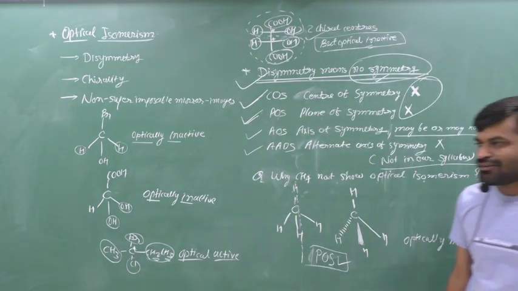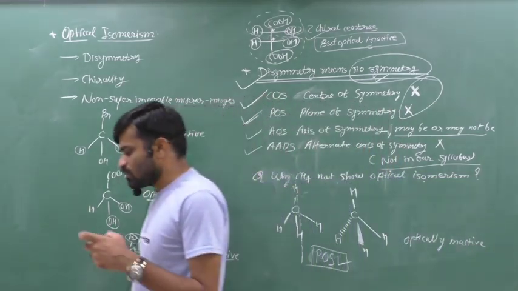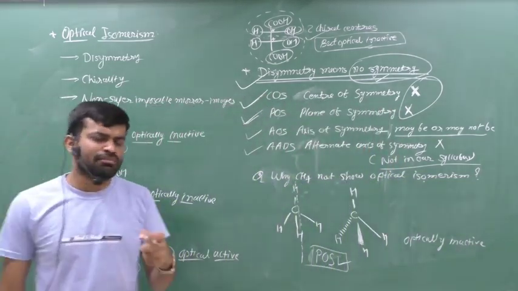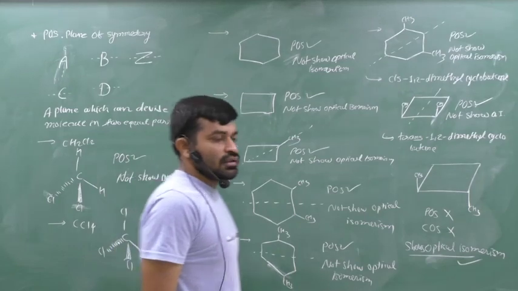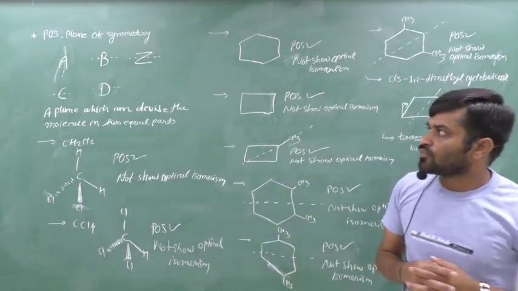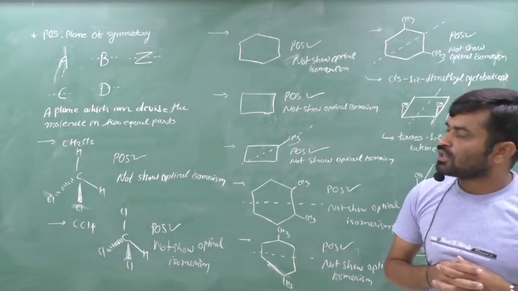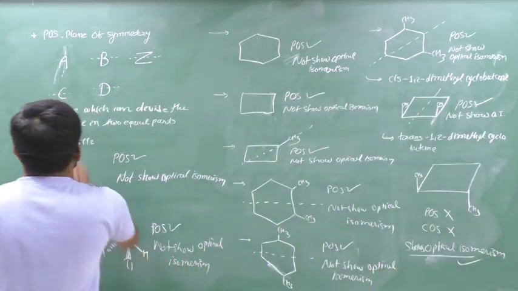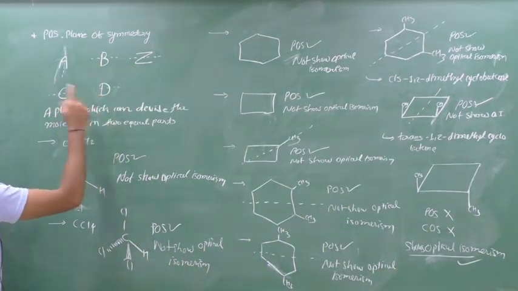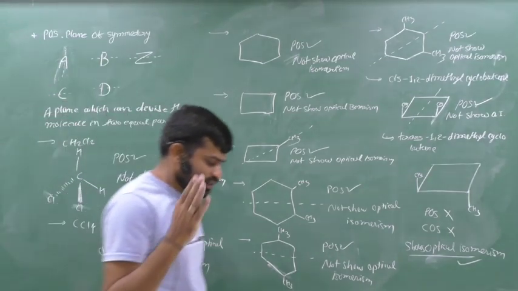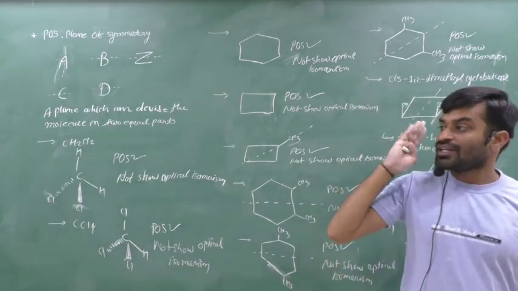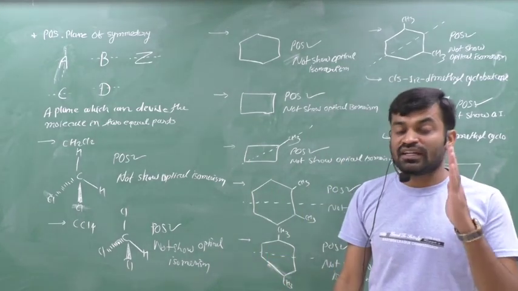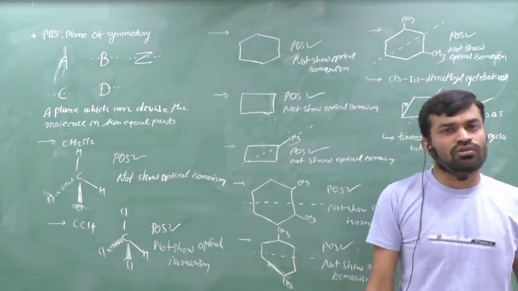optical isomerism. Now we can think about plane of symmetry and center of symmetry in a very deep way. Now you can study different types of examples with respect to plane of symmetry. Suppose we consider the alphabets A, B, Z, C, D. Now what is a plane of symmetry? We can consider a plane and pass it through the molecule so that it divides the molecule into 2 equal parts or halves.